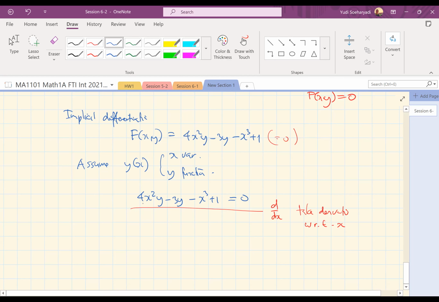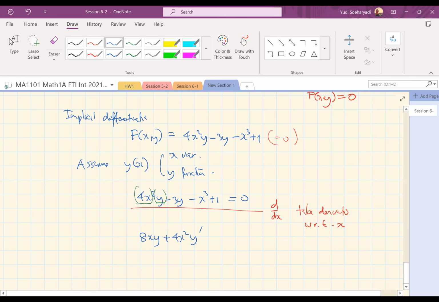Think of this as a product, a multiplication of two functions. So by the product rule, the derivative of 4x squared is 8x, multiplied by y. And you have one more term, 4x squared times y prime, because y is a function now, so its derivative is there.